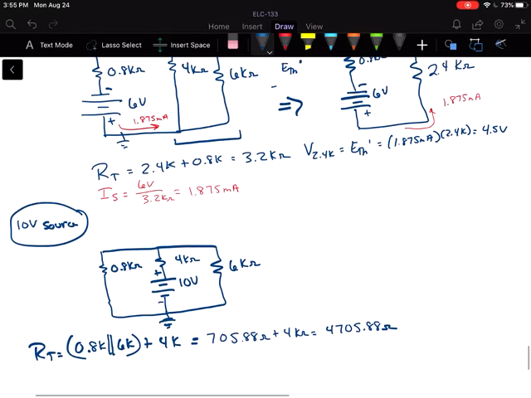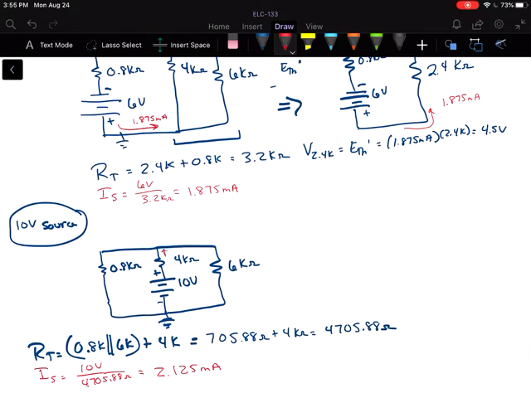So that means that our source current would be 10 divided by that RT. Which would be 2.125 milliamps. And that current is going this way.